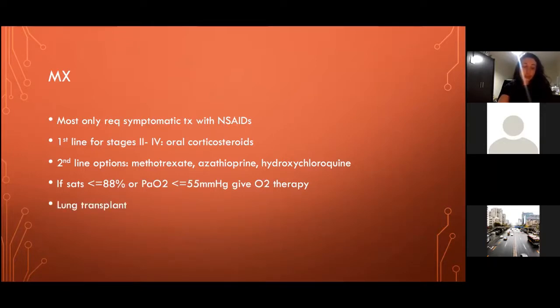And then lung transplant in extreme cases that don't respond to the previous management options. The prognosis is generally good. So in about 60% of people, the granulomas disappear over about 2 to 5 years. But in some, the disease can remain active or just reoccur intermittently.